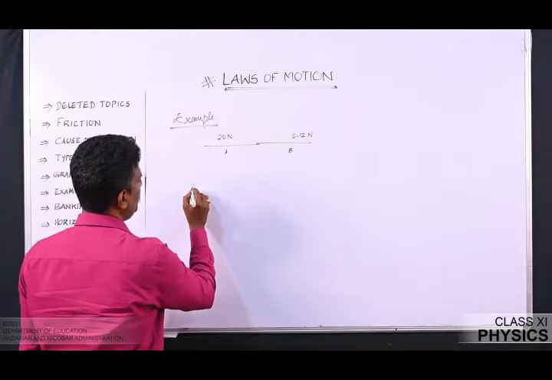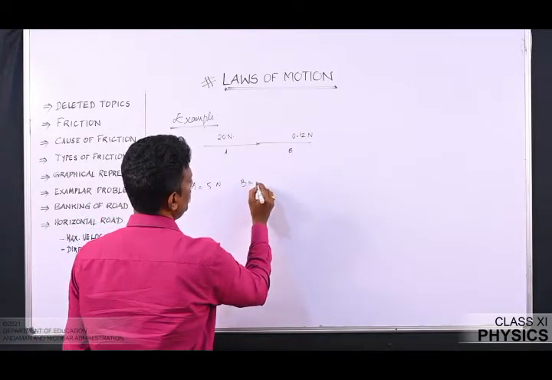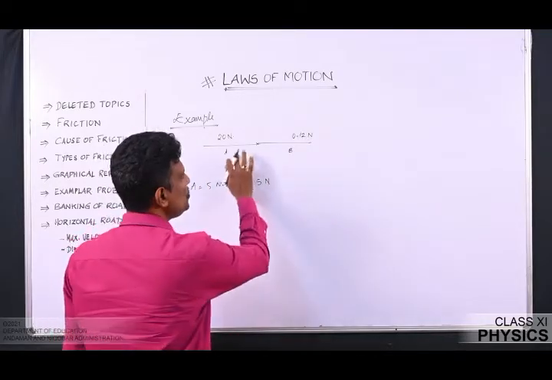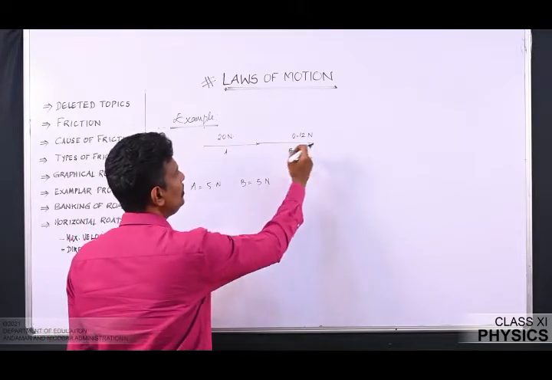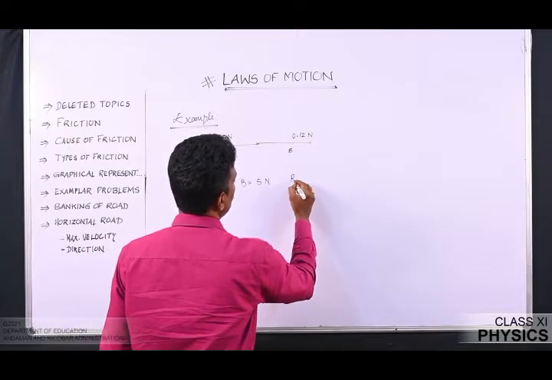Say initially A is applying 5 Newton, B is applying 5 Newton force. So there won't be any change. What force is applied by A is counter-applied by B also. So the net is rest.